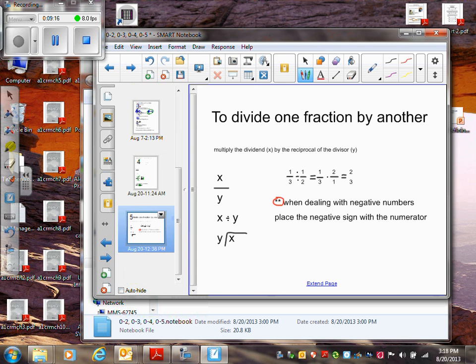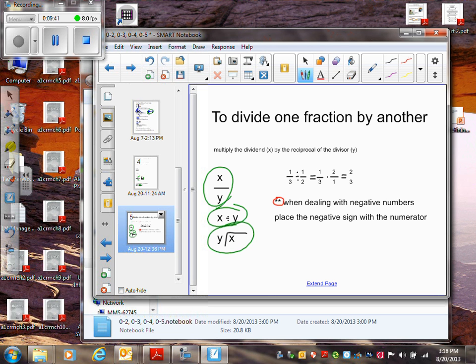Lastly, when we're dividing fractions, you multiply the dividend, which is x, by the reciprocal, which is just the flipped fraction of the divisor, which is y.